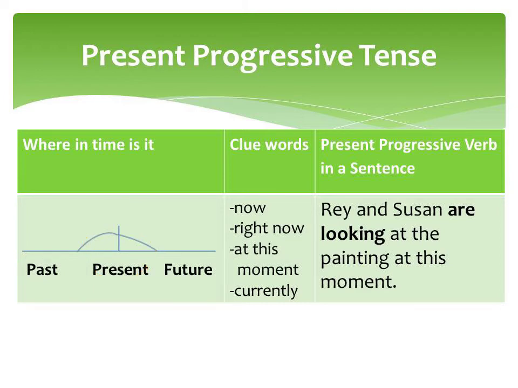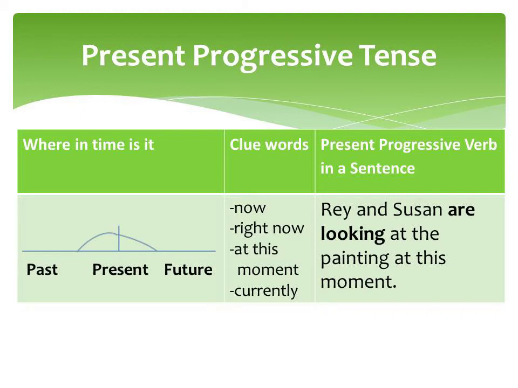And the clue words that can be used in present progressive could be now, right now, at this moment, or currently. So, ito yung mga clue words na pwede nating makita kapag ang action ay nangyayari ngayon mismo.